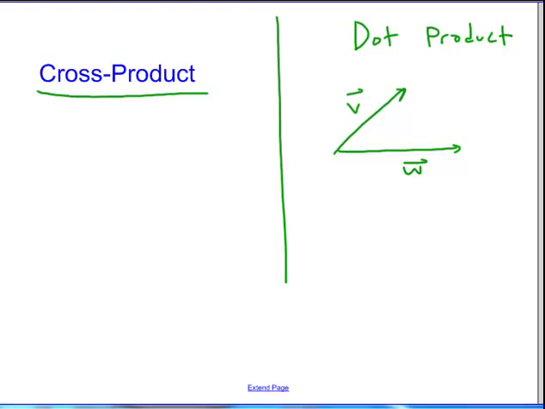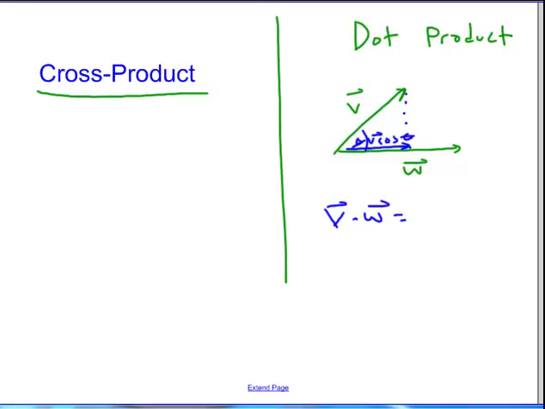The dot product, if I were to look at v dot w, tells me what it looks at is the projection of v on w. So if we call this v cos theta, where this is theta, the dot product multiplies the magnitude of v in the direction of w and w.